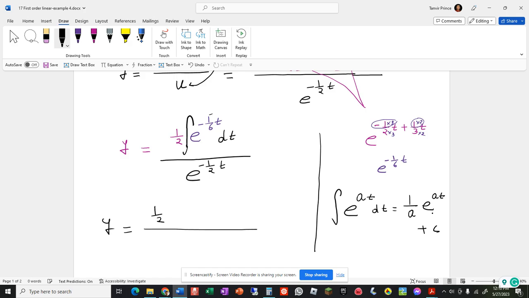In this example, this negative 1 over 6 is my a. So what I'm supposed to have is 1 over a e to the at, with this negative 1 over 6 as a, plus c.